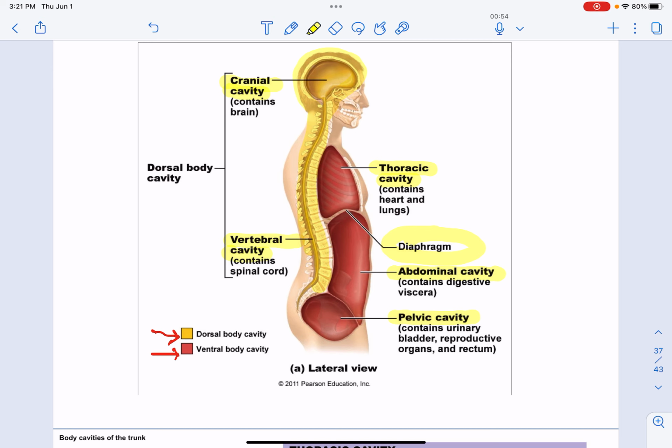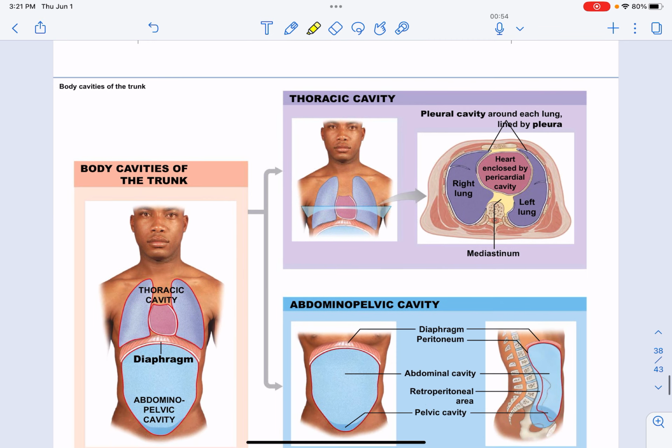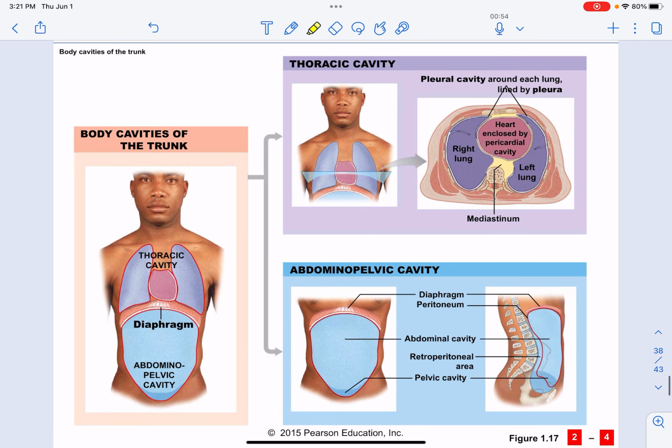This is a lateral view. Let's take another look at these abdominal and thoracic cavities. Again, you can see the thoracic cavity here contains the lungs and the heart. Let's take a closer look right here.